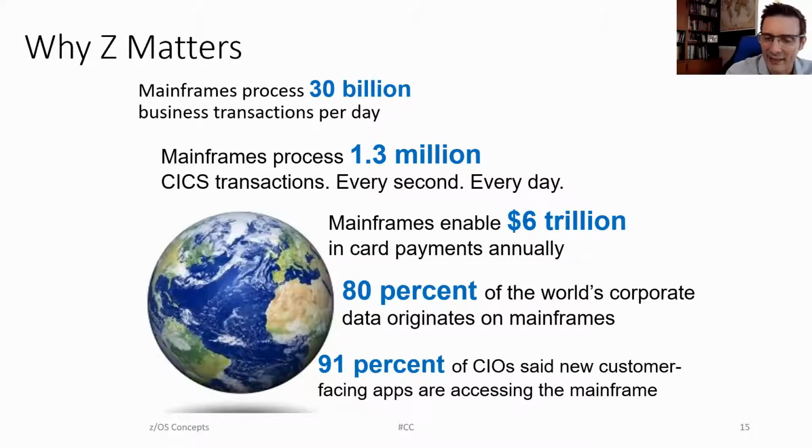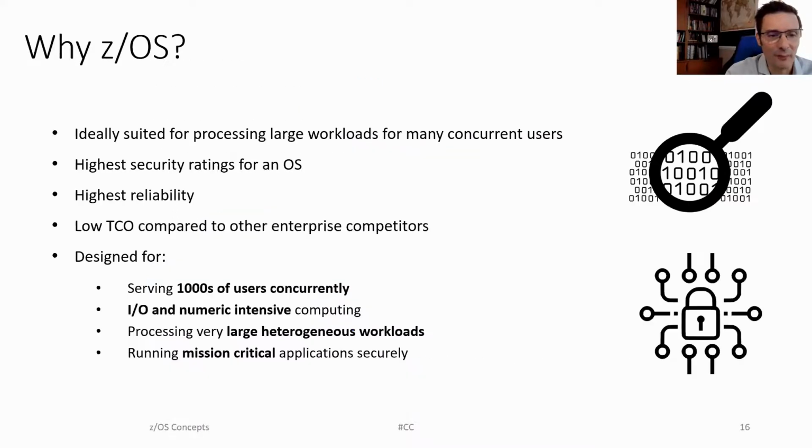But why do they use the mainframe, and why in particular do they use the zOS operating system, the flagship operating system that runs on the mainframe, so much? Well, because zOS has a couple benefits that a lot of other platforms don't.